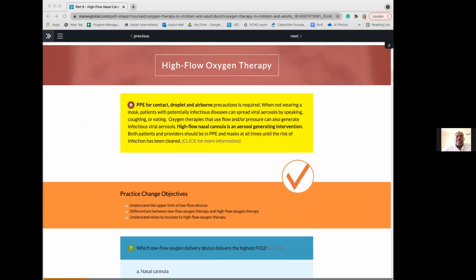About the use of PPE, we encourage our participants, when you log in on the website, to click on this yellow box, and it will give you more information about doffing, the different types of PPE available on the market, and how and when to use them.